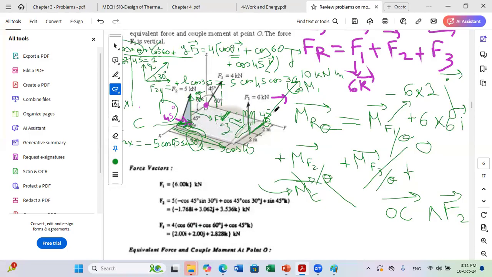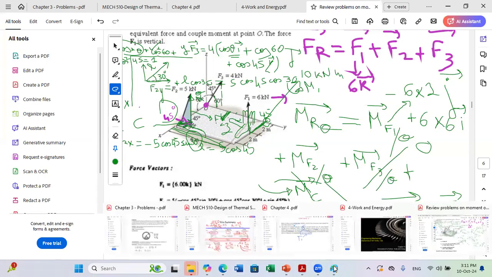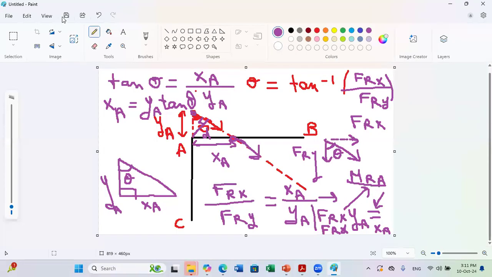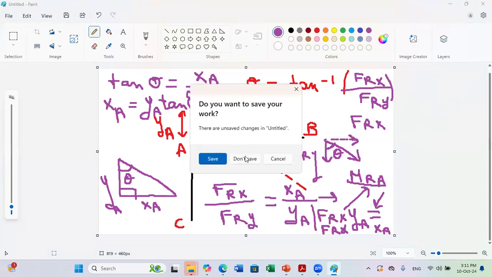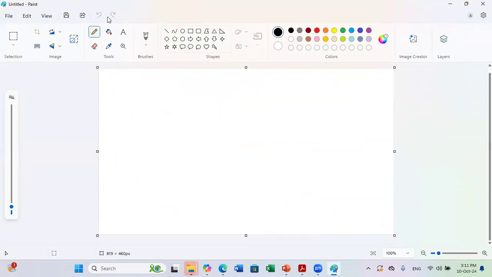Can you please repeat the right-hand rule for the moment of F1 about O? Yes, of course. I will draw it in a clearer way here. Look. Okay.